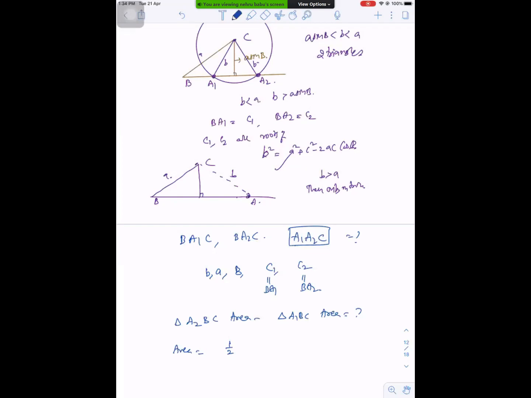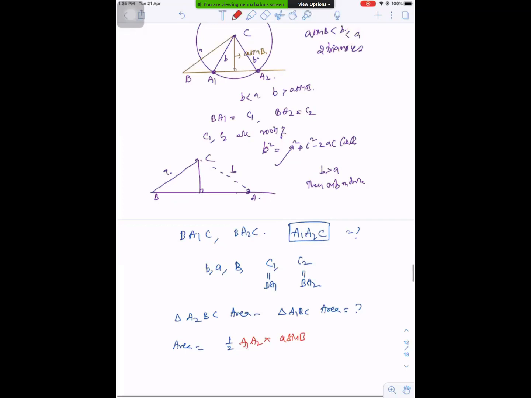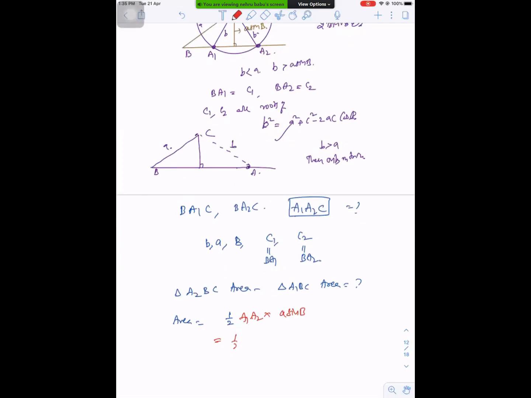Base is A1 A2 and height is A sin B. So half into base A1 A2 into height A sin B. Here A1 A2 is exactly the same as C2 minus C1, the difference of the sides, into A sin B. Now how to find the C2 minus C1 value?